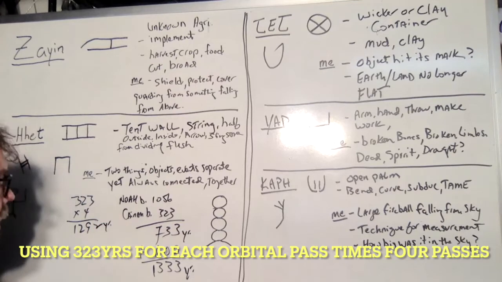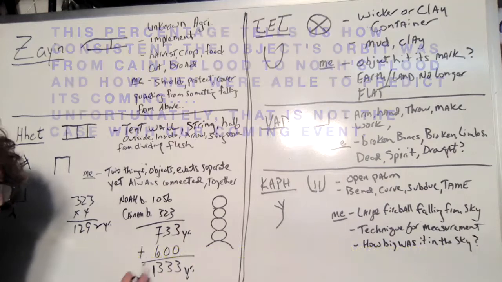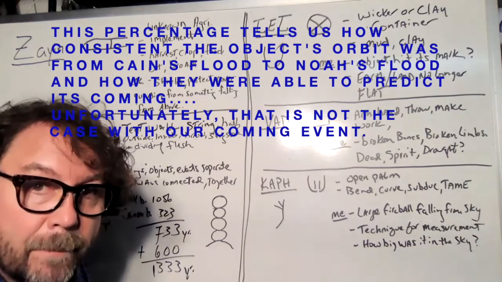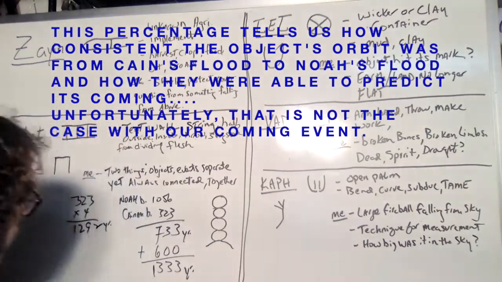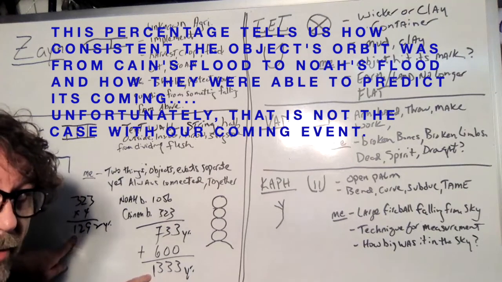So let's do this: 1292 and divide it by 1333. And you already see that these are very close. These are very, very close.